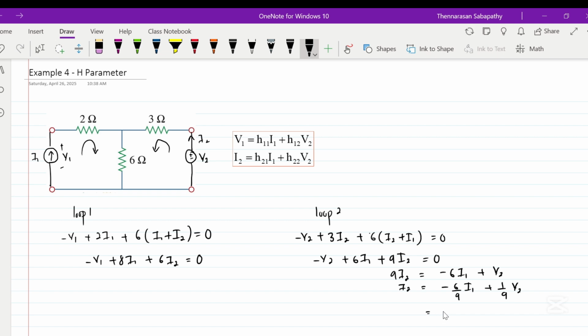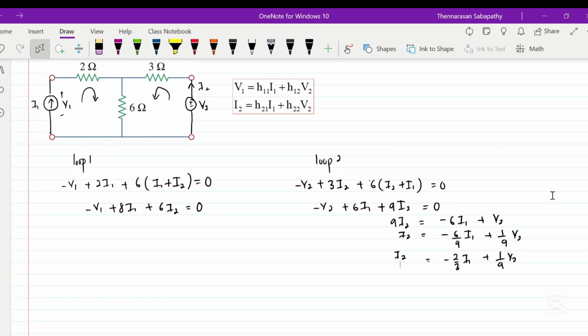I can simplify this: negative 2 over 3 I1 and 1 over 9 V2. So this is I2. Now you can compare this with the second equation, with I2, I1, V2 and the parameters beside them. So H21 equals negative 2 over 3, and H22 equals 1 over 9.